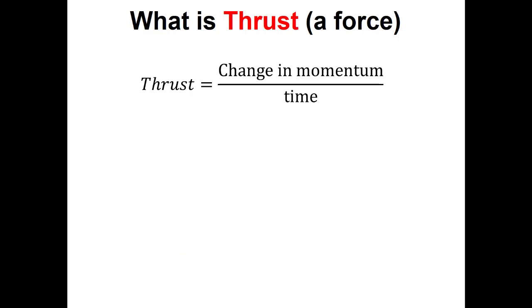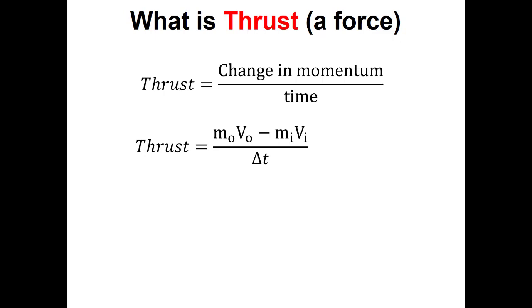So what is thrust? Thrust is a force. We can get the thrust force by looking at the change in momentum over time. Momentum, I believe you've taken this, right? So maybe you have to sort of jog your memory a little bit, but momentum is going to be mass times velocity, right?